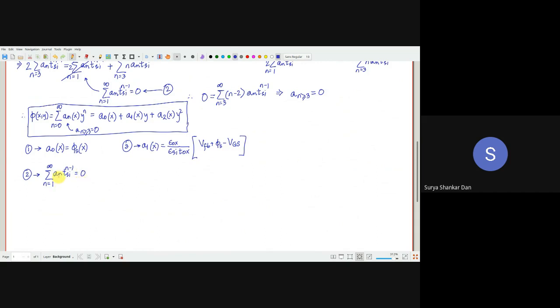Since we know that a n for n greater than or equal to 3 is always going to be 0, let us put it just up to 2. So this implies a1 plus a2 tsi will be equal to 0. Therefore, a2 is equal to minus a1 by tsi.